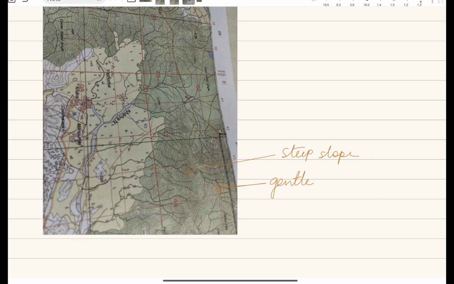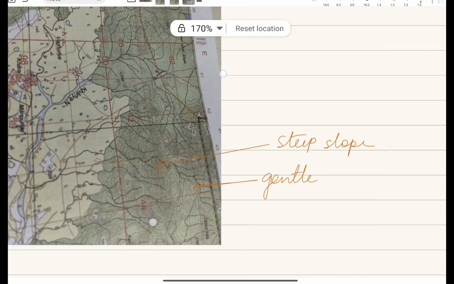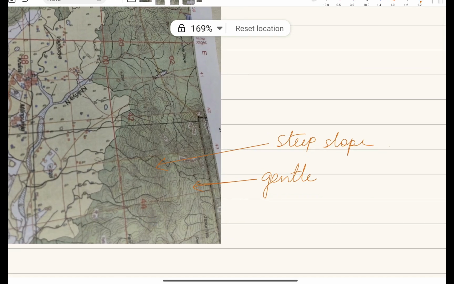So this is how you get questions in ICSE. Sometimes they may ask, in a particular grid reference, what kind of slope it is. Suppose I say in the 4-figure grid reference 4201, identify the slope.